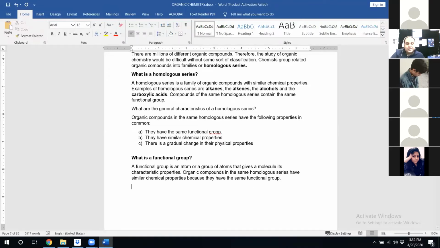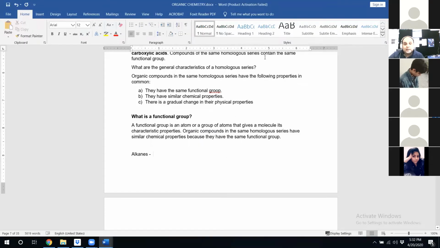If we talk about alkanes, it has a functional group which is a carbon-carbon single bond. So any compound which has a carbon-carbon single bond can be classified as an alkane.